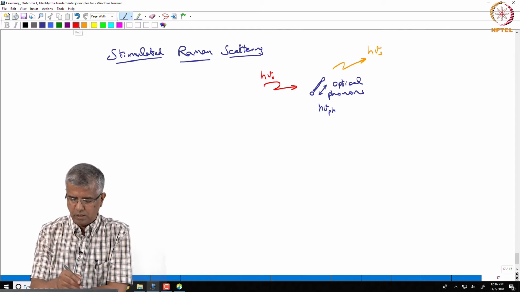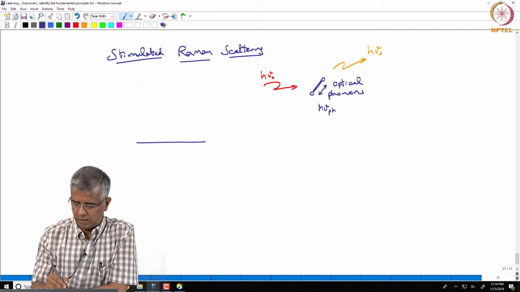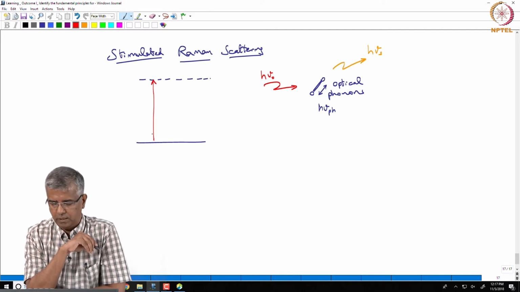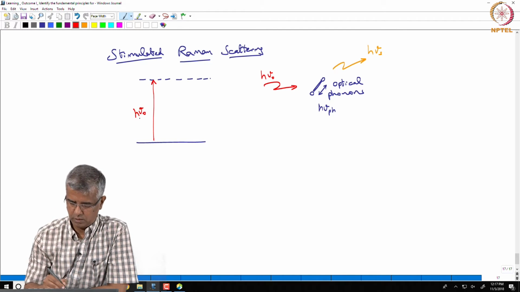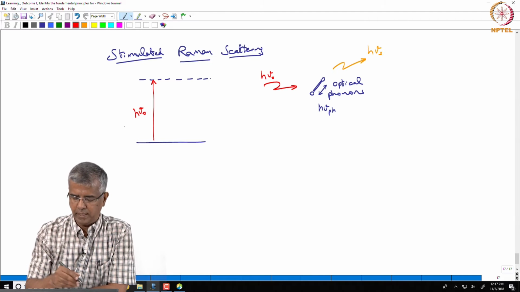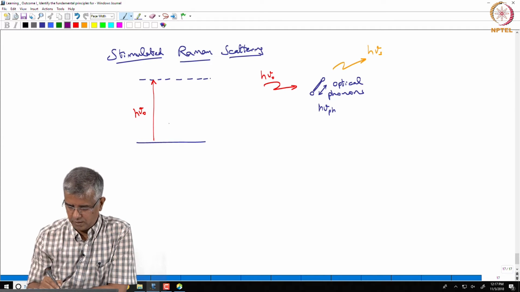So, we can represent this in terms of an energy level diagram. You say okay, this particular molecule is at rest, but upon excitation of your optical radiation with the h nu naught, it's going to a higher energy state, and at that higher energy state, it's giving off part of this energy to what is called the h nu phonon.